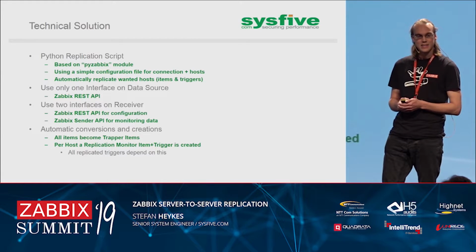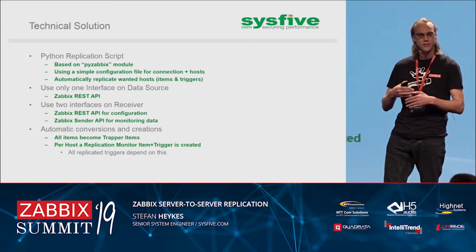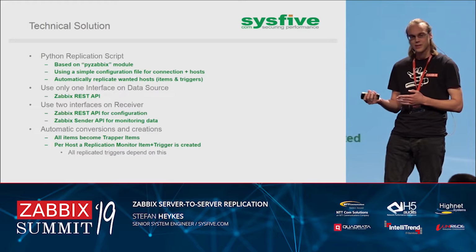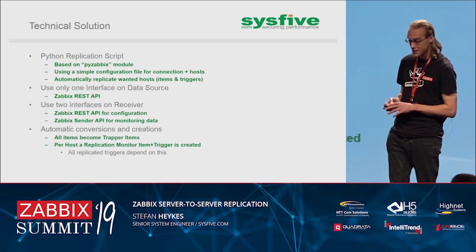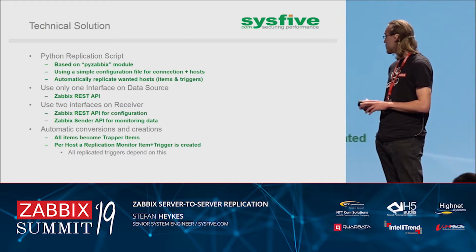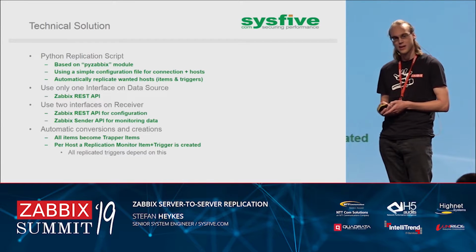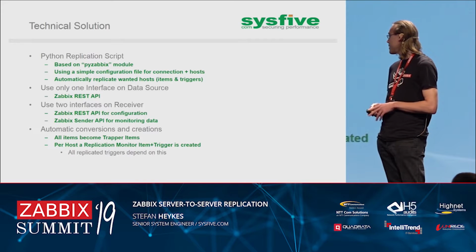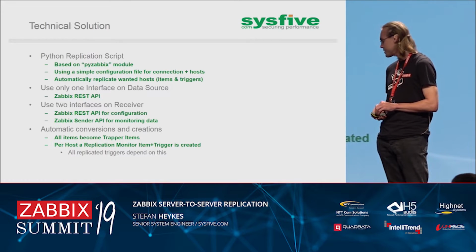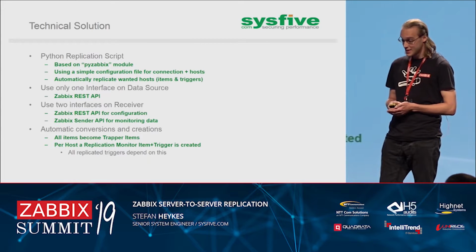When we are taking all of the items from the customer server, they are, of course, all different types. Whatever you can do: active checks, passive checks, using user parameters, etc. But on our replication target, all of these become trapper items, so we can put the data there with the Zabbix sender API. And also, we add per host another item and trigger just to make sure the replication works.